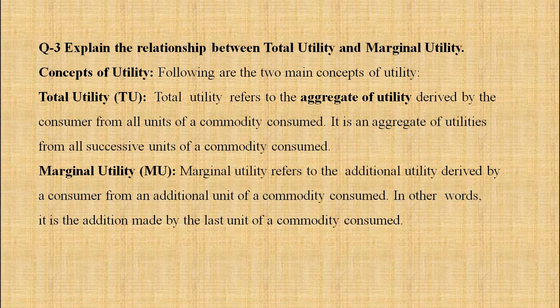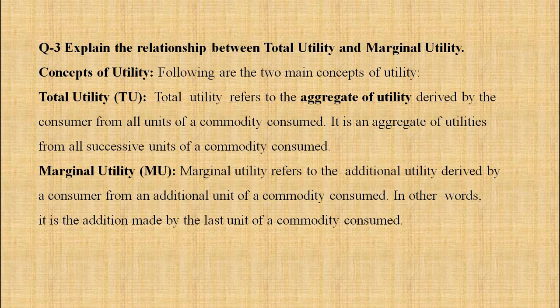It is an aggregate of utilities from all successive units of commodity consumed. Successive means next. For example, one glass of water, second glass of water, third glass of water. When we calculate the total, we get the total utility, that is the aggregate of utility of that water.